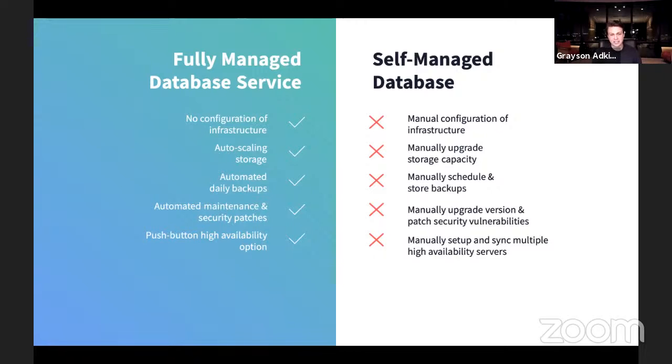If that sounds familiar, it's a lot like the early days of web hosting, where a lot of it is your responsibility and there are many manual steps involved. I really encourage you, if you're looking for a database option, to consider a managed database where all of this is taken care of for you.